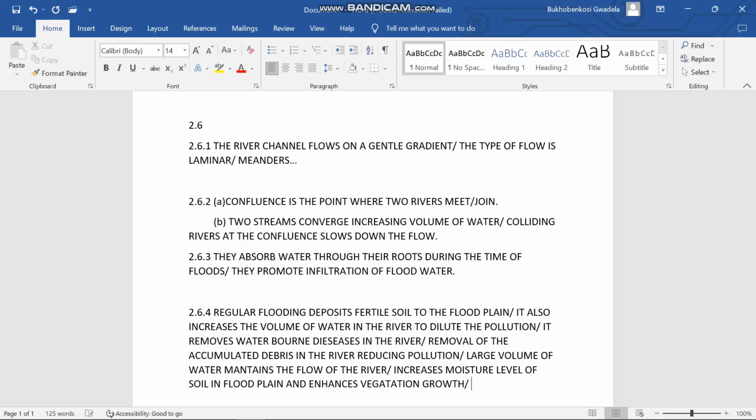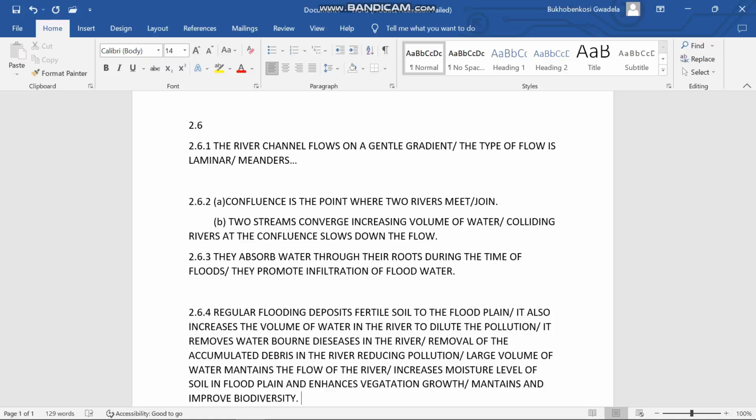And lastly, which is very important, it maintains and improves biodiversity, because of the aquatic life.